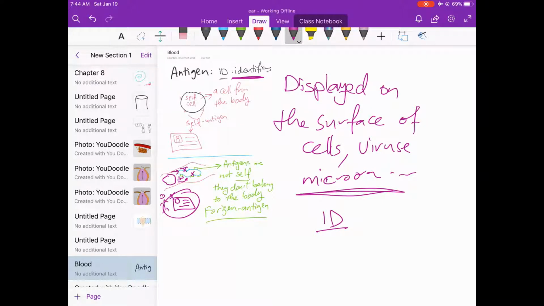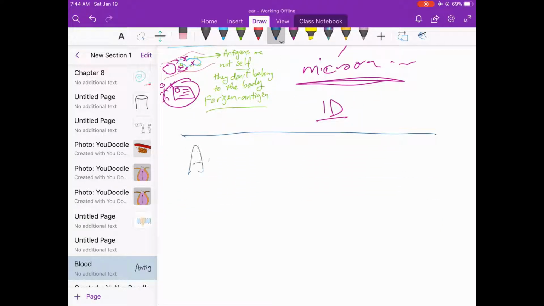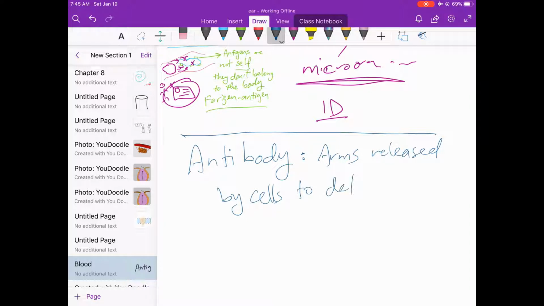That's the first concept. The other concept we need to work on is something called the antibody. Antibodies, think of them as arms. Okay? Arms released by cells to detect the antigens.